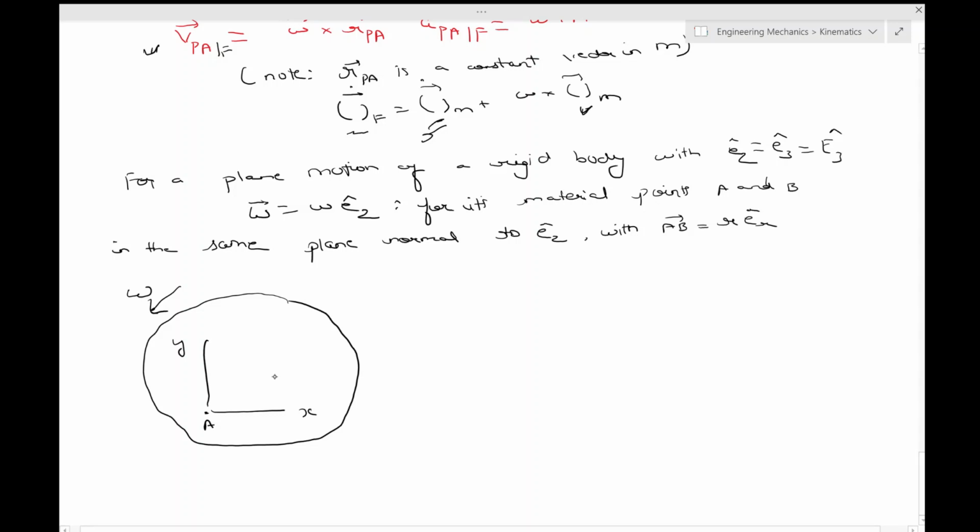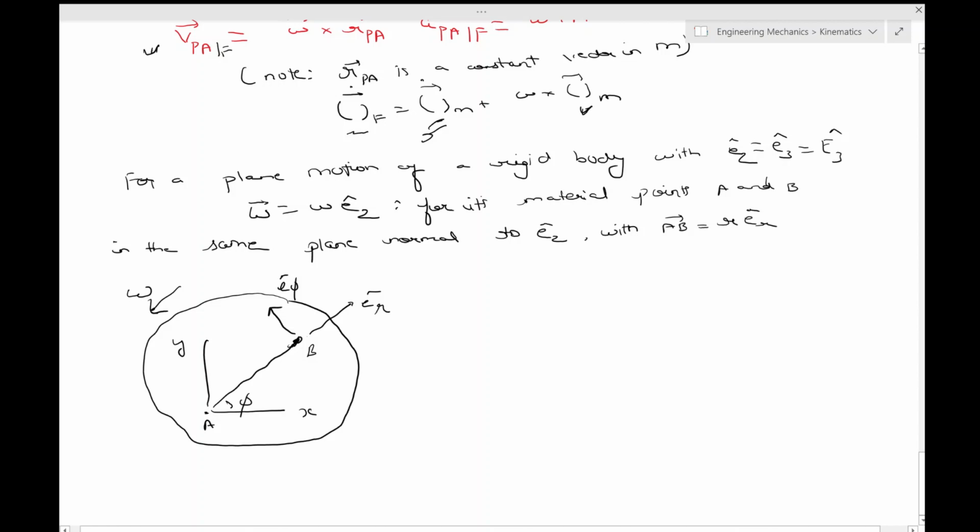Point B is located at this R, okay, it will have an ER hat, it will have an E phi hat, and you have this angle phi. So this point B can be called as sitting at a coordinate r comma phi.